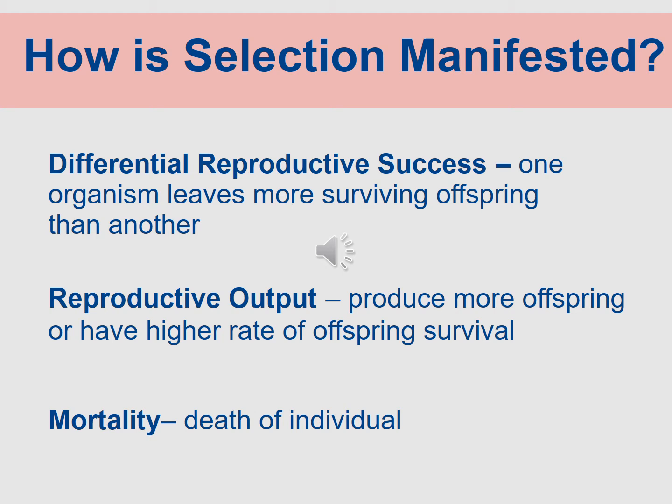And then you typically have to have greater reproductive output, meaning not just having lots of offspring, but offspring that actually survive into adulthood or sexual maturity in order for them to reproduce. And that is dependent on the mortality of individuals. How long do individuals live in order to actually reproduce? So understand that when we create models to discuss natural selection, there are other factors, and that includes things like fertility and mortality.